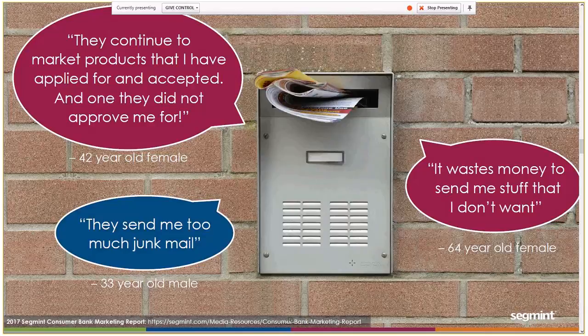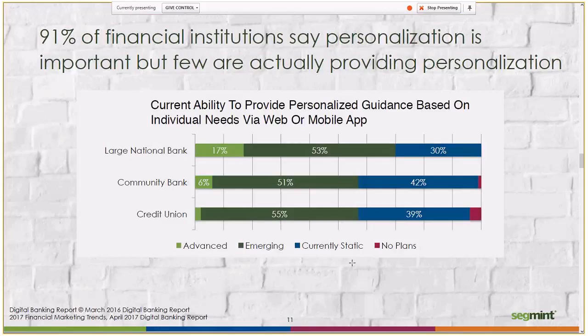So 91% of financial institutions say personalization is important, but few are actually providing personalization. So really what this trend, the opportunity out there now, the time is now to really make this shift and transition, right?